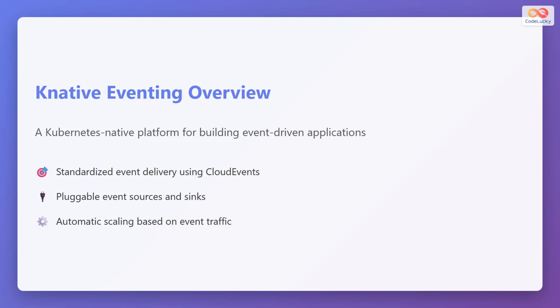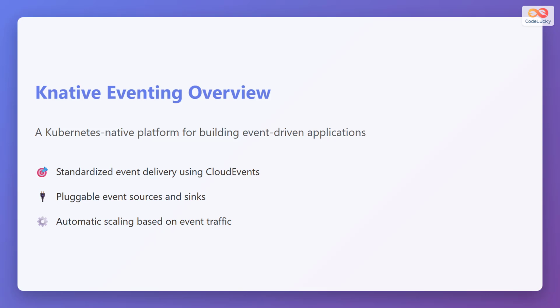Native Eventing is a Kubernetes native platform specifically designed for building event-driven applications. It provides three key features that make event handling easier. First, it uses standardized event delivery through CloudEvents, which is an open specification for describing event data in a common way. This standardization ensures that events can be understood across different systems and programming languages.